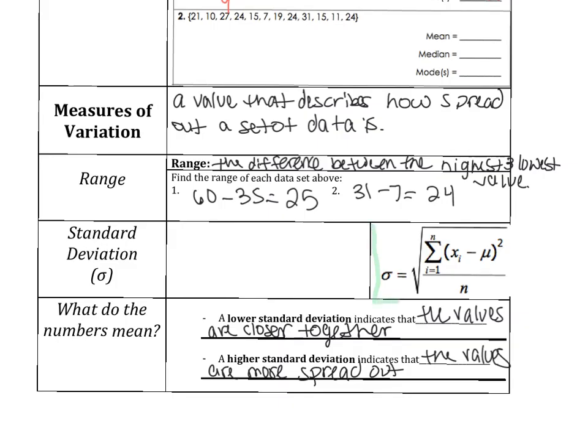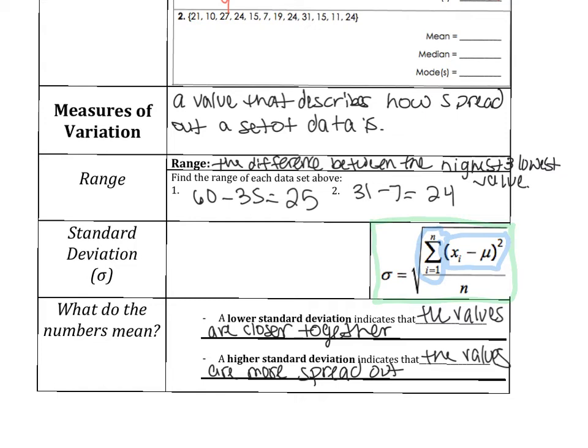Now, as you see, the formula for standard deviation is very funky looking. This big E symbol is called a summation. It tells us to add up all of what we get when we subtract the mean from each value in our data set and square it.